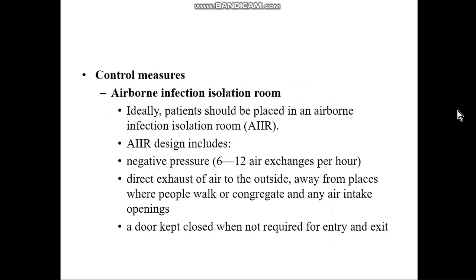The exhaust of the air to the outside should always be away from the places where people walk and congregate and any air intake openings. The doors should be kept closed when not necessary for entry and exit, and the room should be strictly prohibited to the general public or unauthorized healthcare workers too.